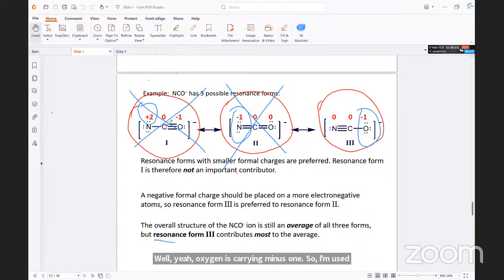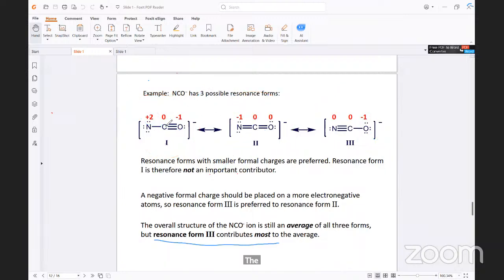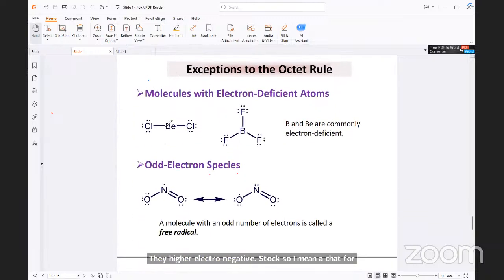So at the end of the day, resonance structure 3 is the most stable, the one that is most preferred, because its oxygen is carrying the negative formal charge. So in calculating formal charge, that is how to go about it and its implication.